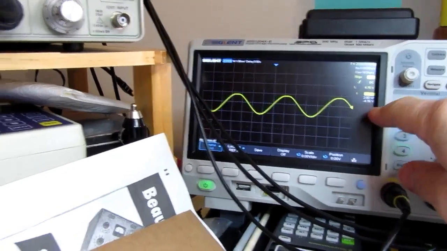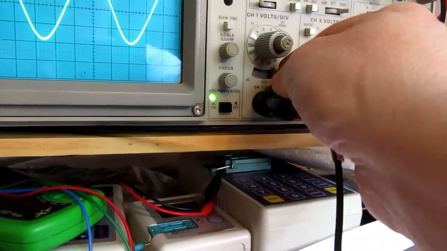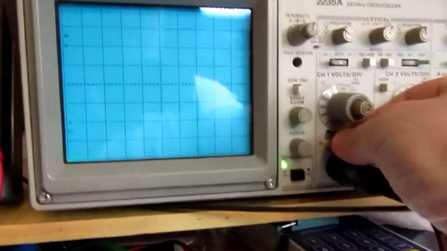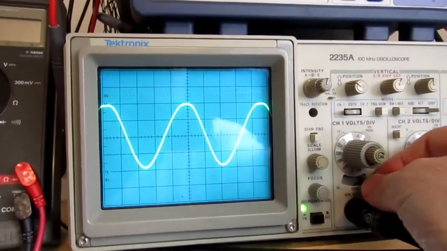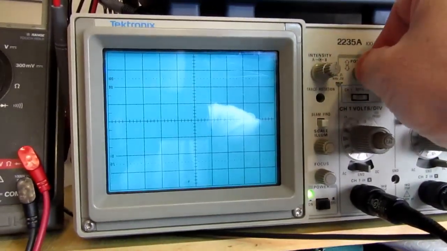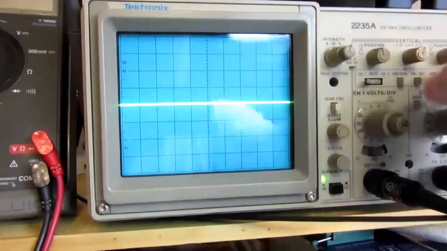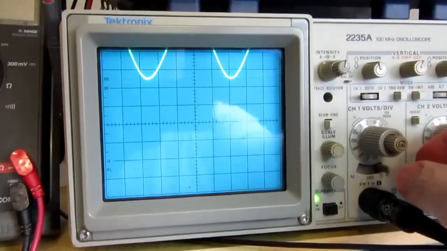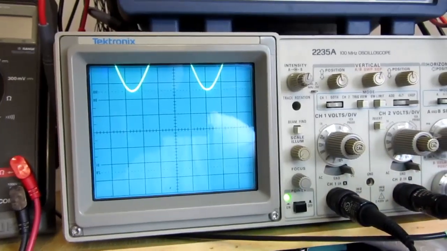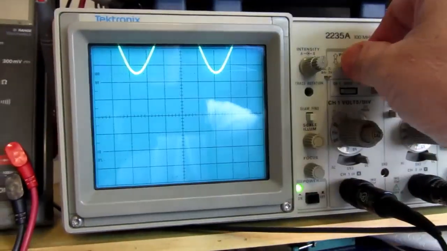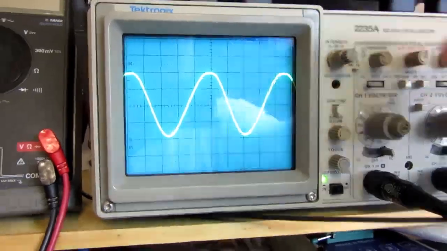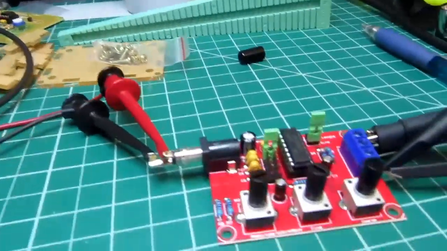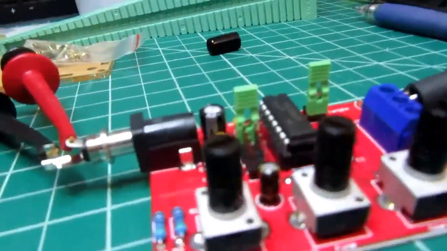And if I go to ground, it's off the picture. If I move ground here and go to DC, it's way up there. So it has a big DC offset. And again, we're at 213 kilohertz. What happens if I move this jumper?